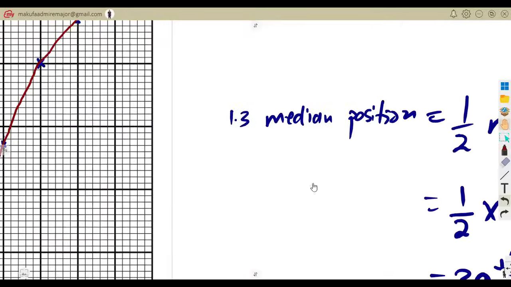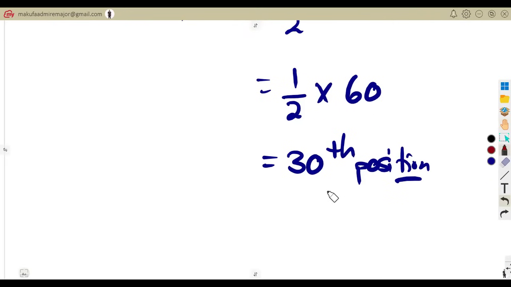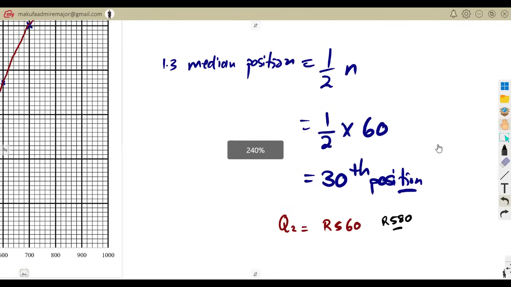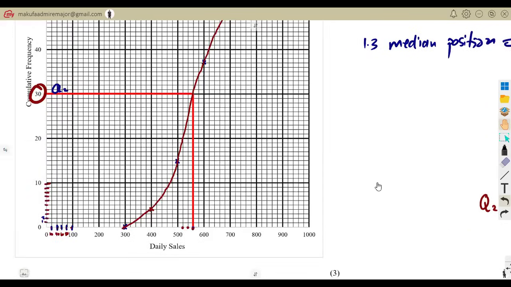So in that interval, 560 up to 580, whatever you're going to obtain there. According to my graph, it's 560. So you can obtain 570, you can obtain 580 according to your graph. It is still fine. So that is how you're going to obtain this value.